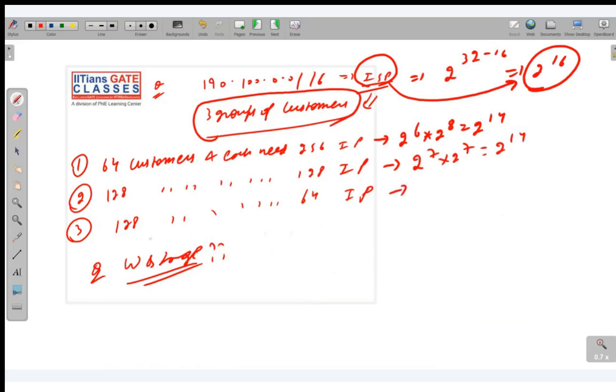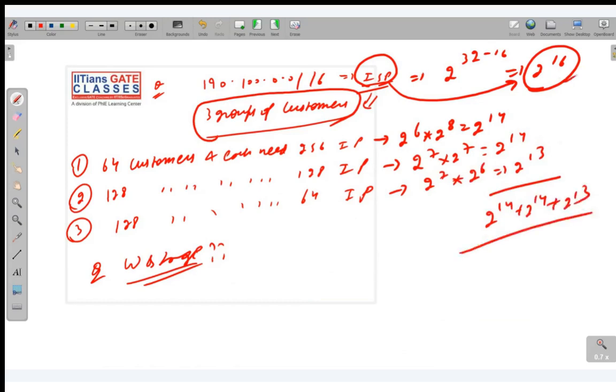Next 128 customers, each needs 64. So 2 power 7 into 2 power 6, that is 2 power 13. So total number of IP addresses given is 2 power 14 plus 2 power 14 plus 2 power 13, and how many it was having? 2 power 16. So wastage is 2 power 16 minus (2 power 14 plus 2 power 14 plus 2 power 13). Any doubt?